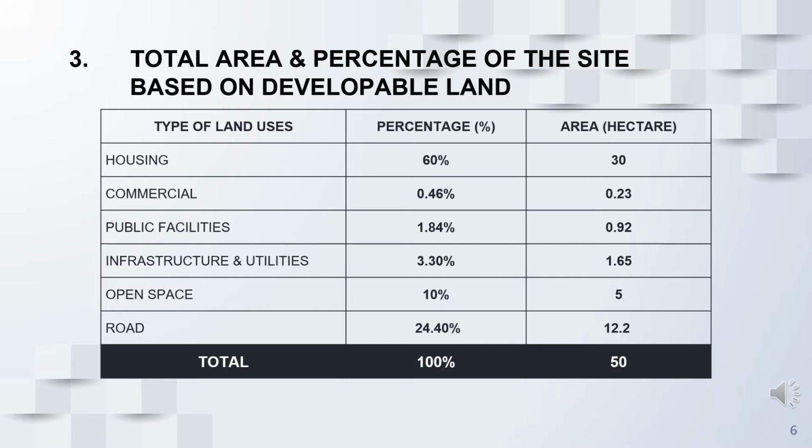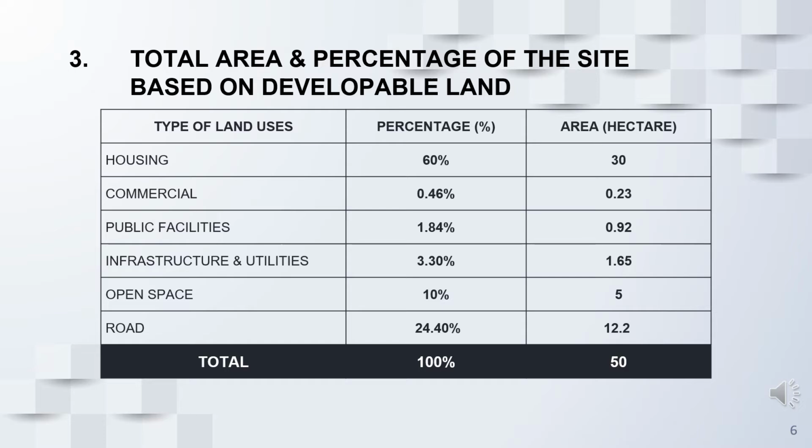Starting with housing. Housing covered 60% of the area, equivalent to 30 hectares. Commercial covered 0.46% of the area, equivalent to 0.23 hectare. Public facilities 1.84%, equivalent to 0.92 hectare.